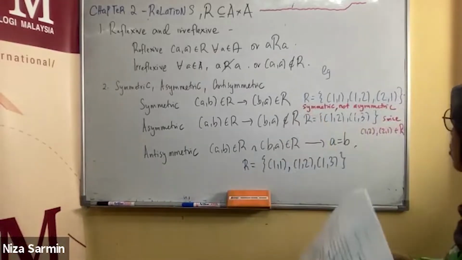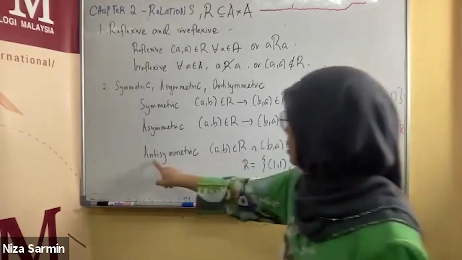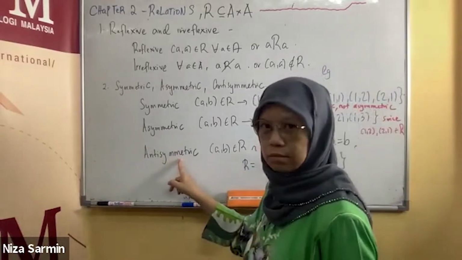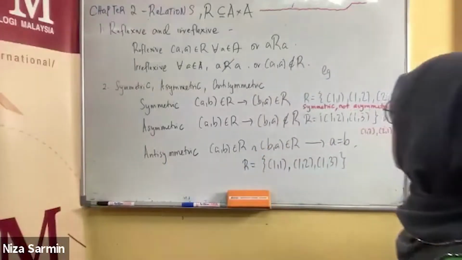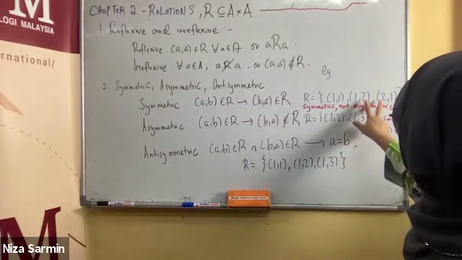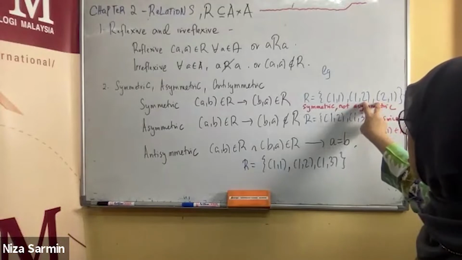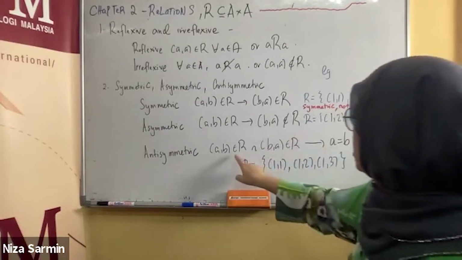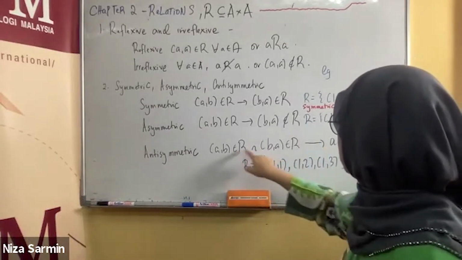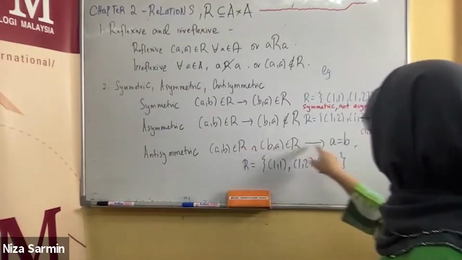Okay, now is this antisymmetric? If it is symmetric with something different like this, it is not antisymmetric. Because if you have this, they have to be equal.